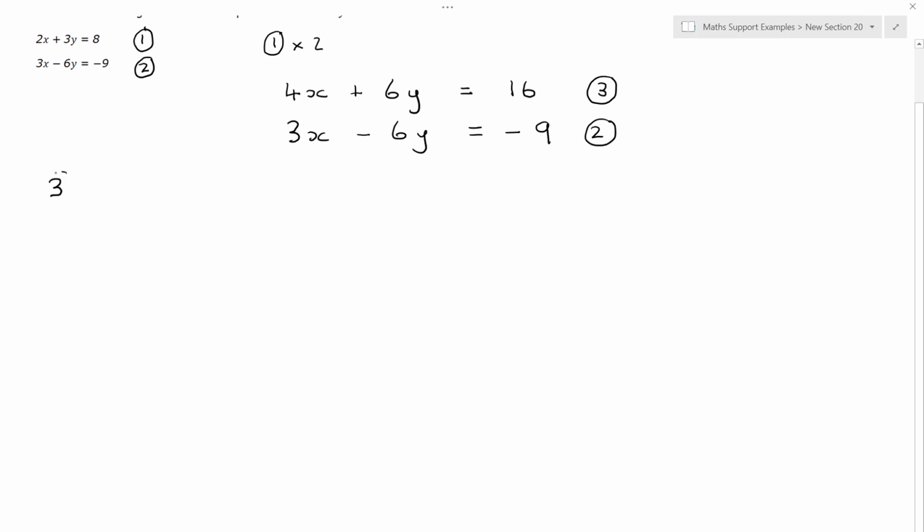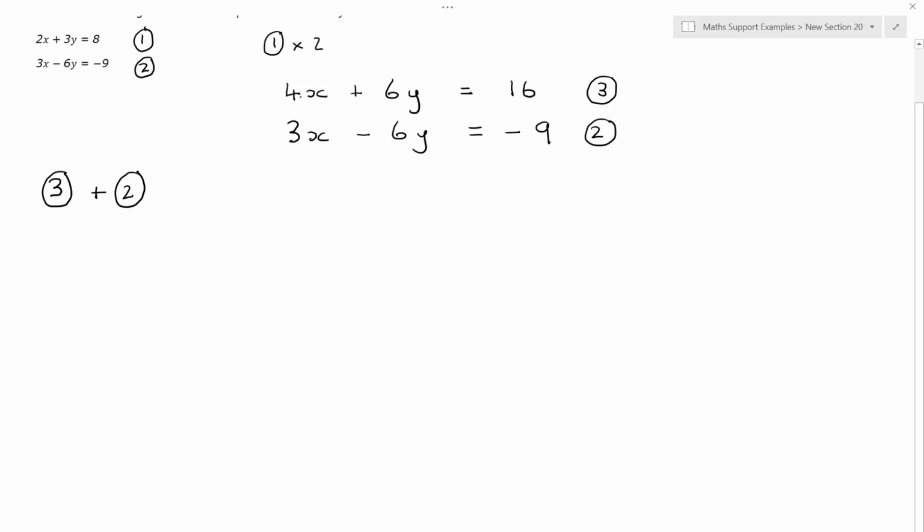So we're going to do equation 3 plus equation 2. If the signs in front of our coefficients were the same, either plus and plus or minus and minus, then we would have subtracted the two equations. But as the signs are different, we add them.